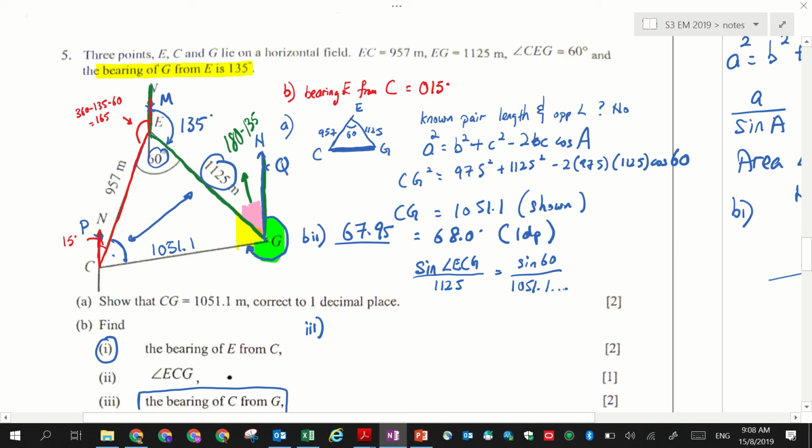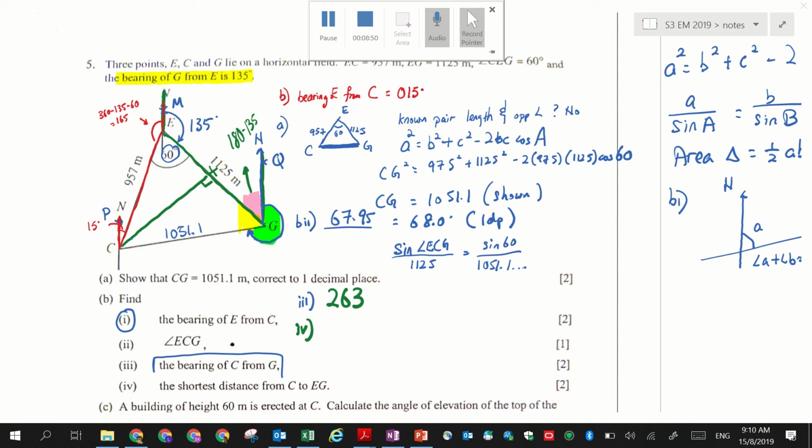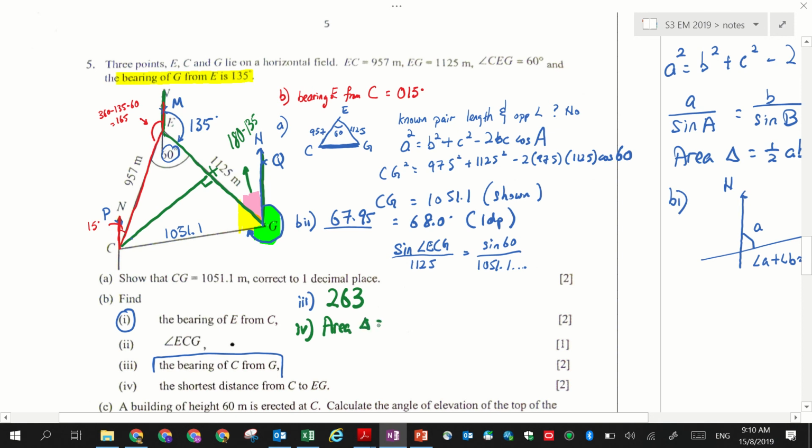Then yellow angle, because you found B part 2, you take 180 minus 60 minus the angle. I want to find shortest distance. So what I can do is I can use area method. So area of triangle is half times 975 times 1125 sine 60.